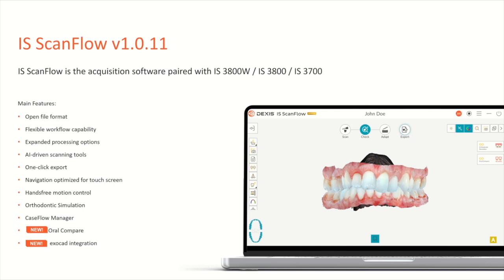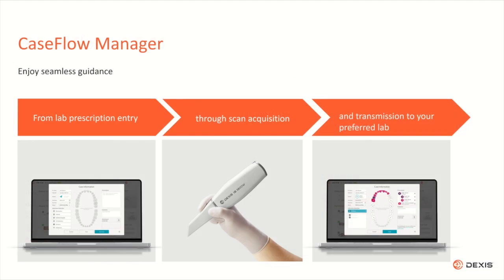Like recently, when we released this version of IS ScanFlow, we added oral compare functionality and the possibility to integrate with Exocad. In IS ScanFlow, it's very easy to cooperate with the lab, so we can create a prescription before or after scan acquisition, share it with the preferred lab, and then track sent cases.